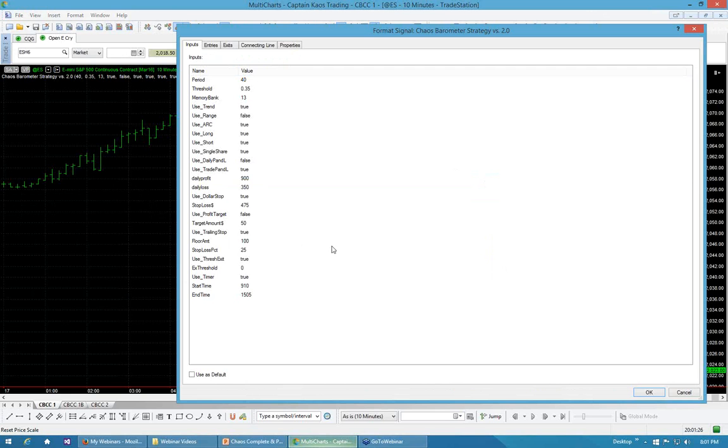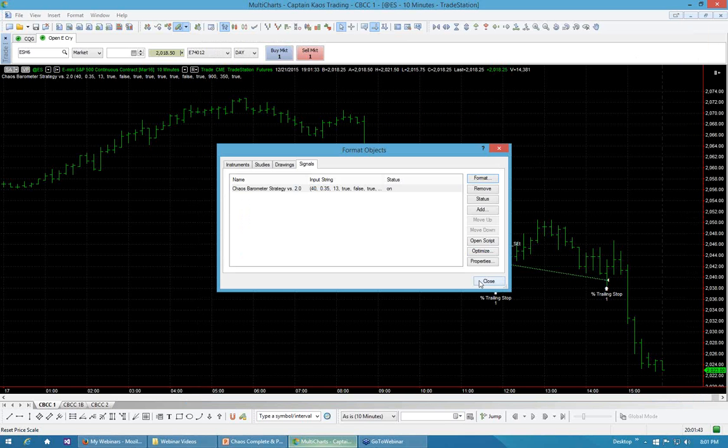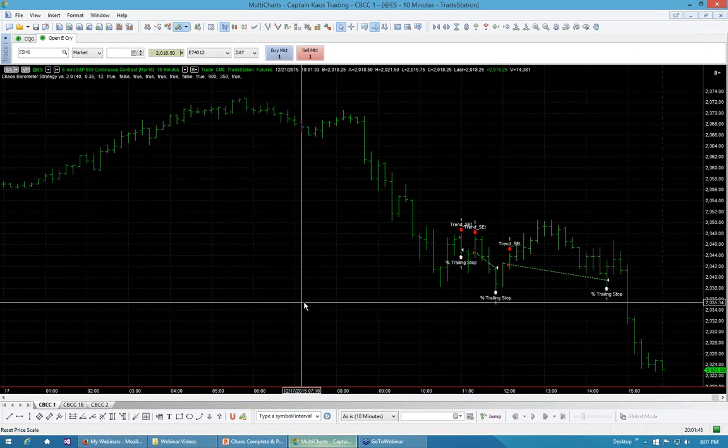I have a series of inputs. All these inputs are based, for the most part, on risk parameters that I found important, including timers for when the system turns on and off. Then I ran this so that it generates these entry and exit signals.